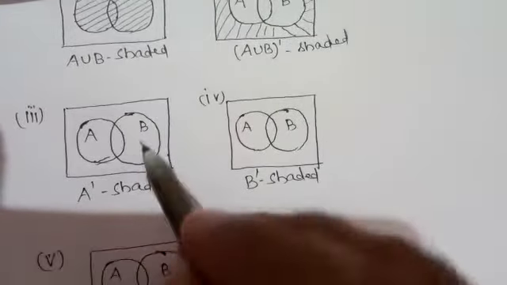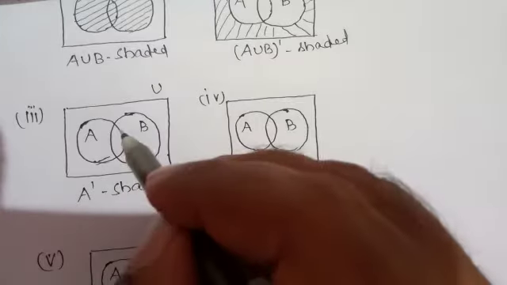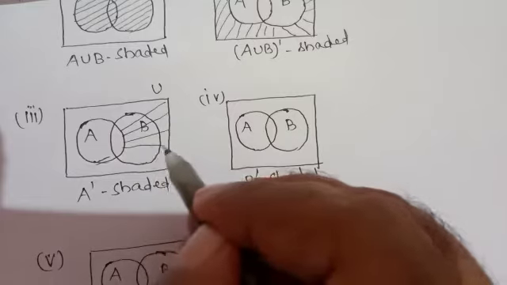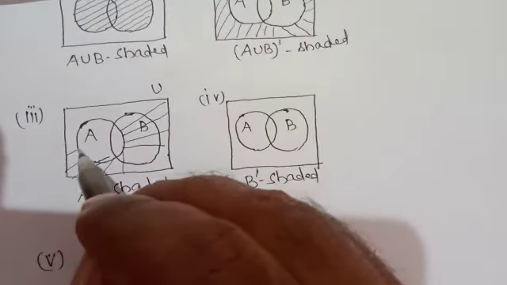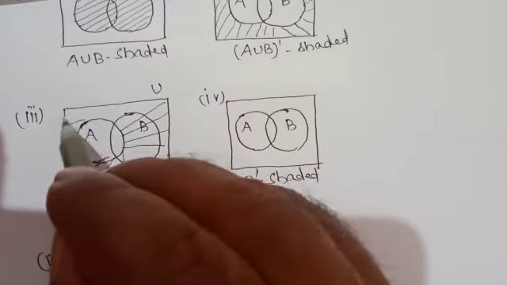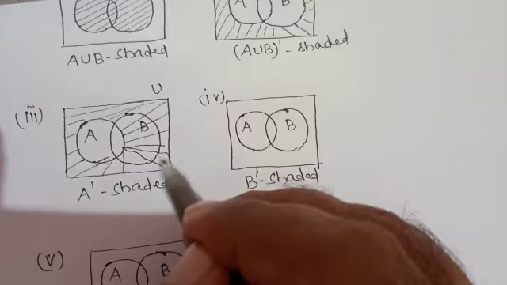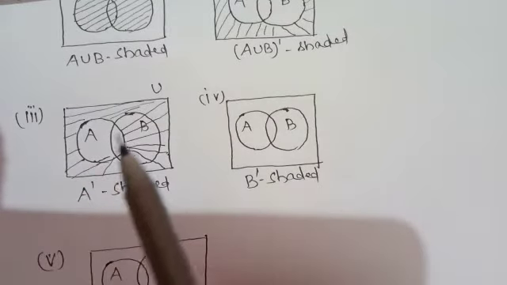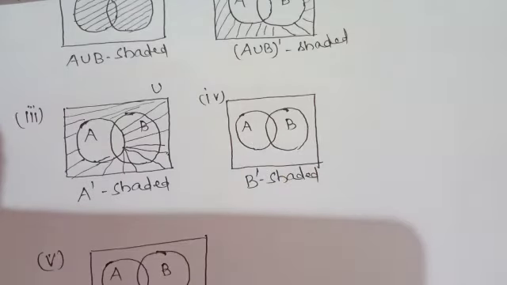A complement is shaded. A complement shaded means those parts of the universal set which are not in A. See this one. This part is shaded, so this is A complement. In the fourth figure, B complement is shaded.